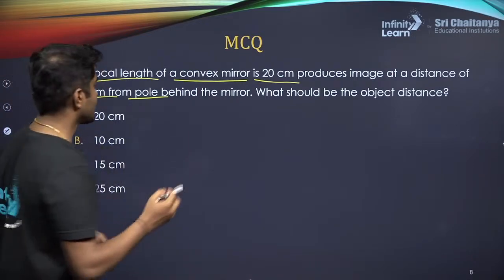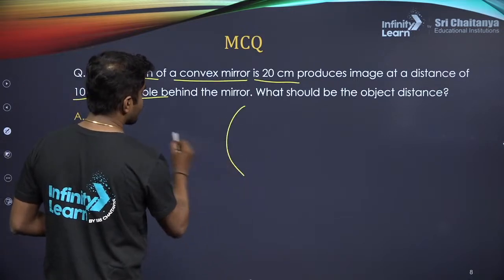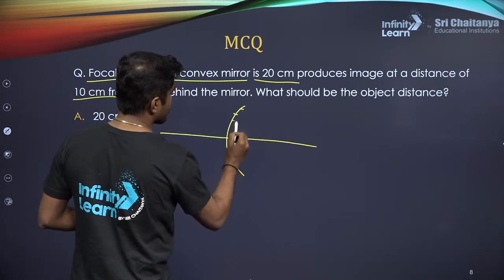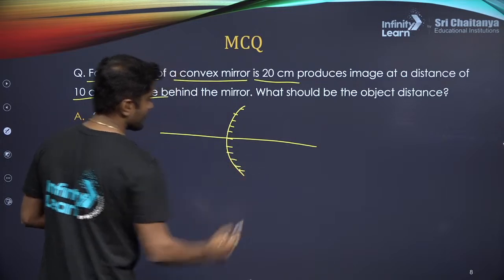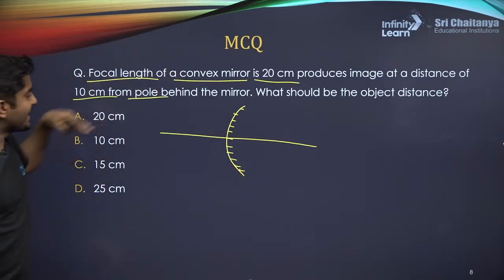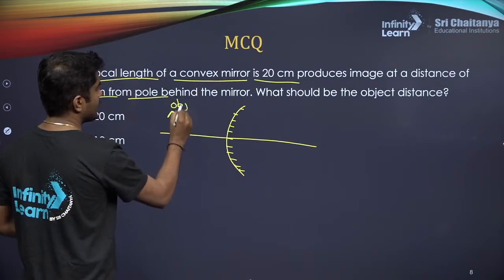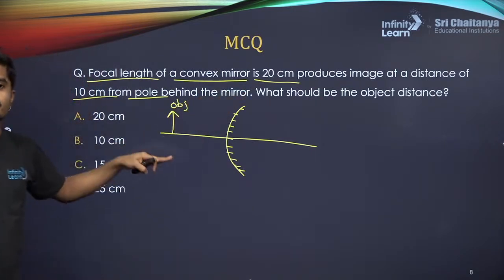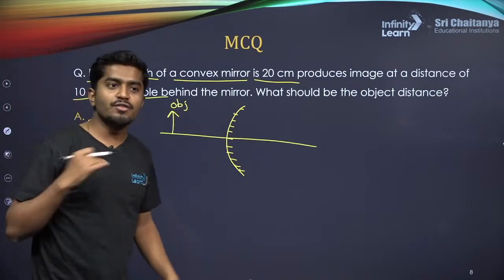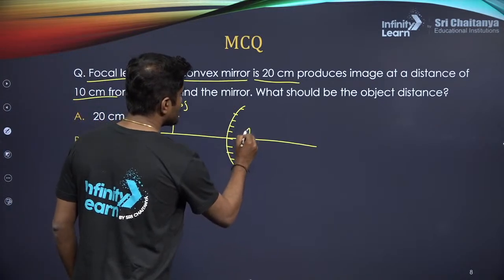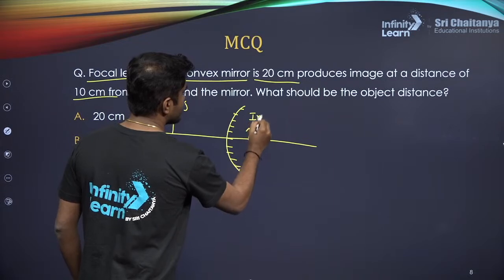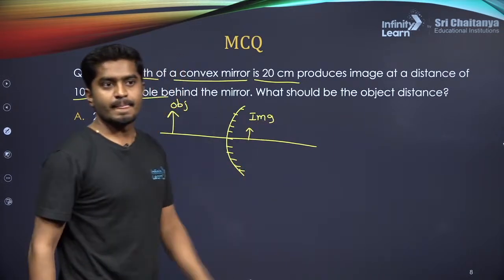What do you think? When you place the object, so this is the object, and if you have a convex mirror, the image is always going to be a virtual image. So this is the image.